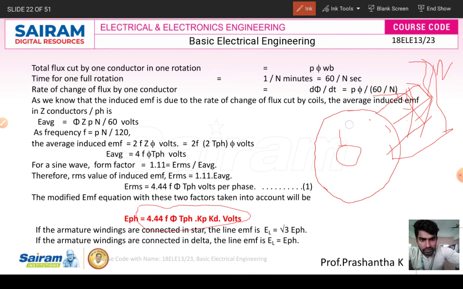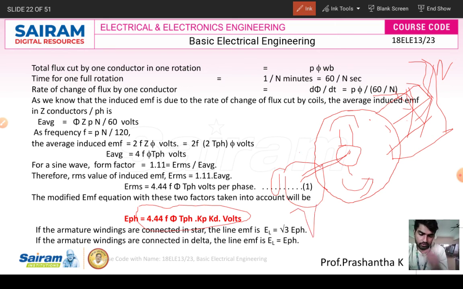Here there is a magnetic field present. This shaft is coupled with a turbine. When the turbine starts rotating, this magnetic field rotates at a speed of Ns equal to 120 f by p. Here there is a stationary conductor in the stator.